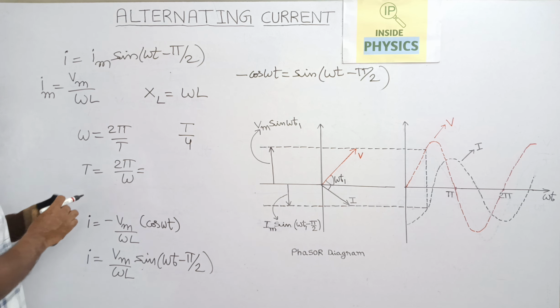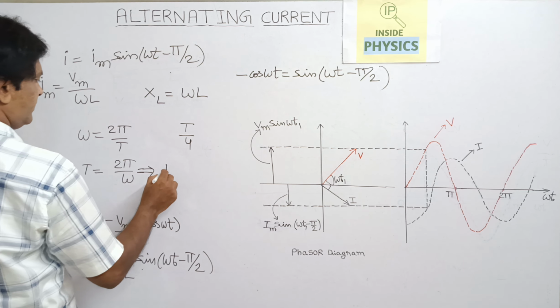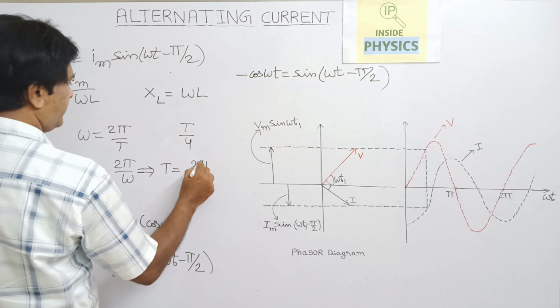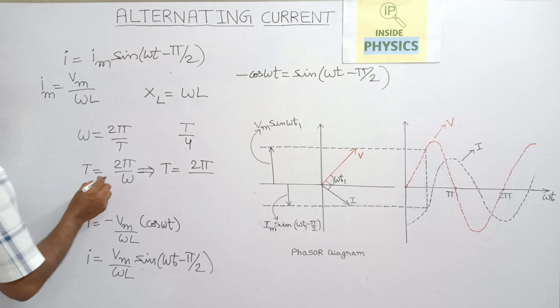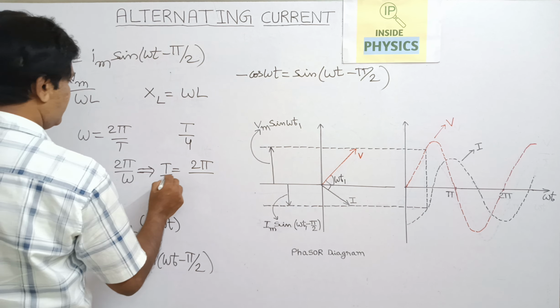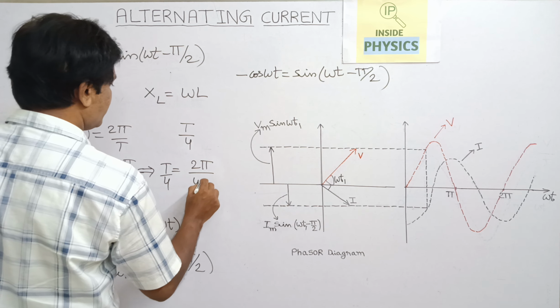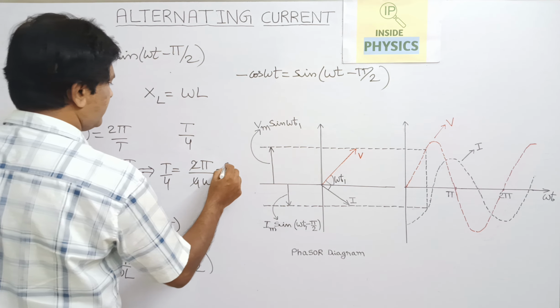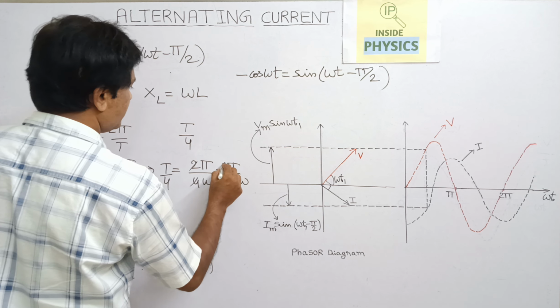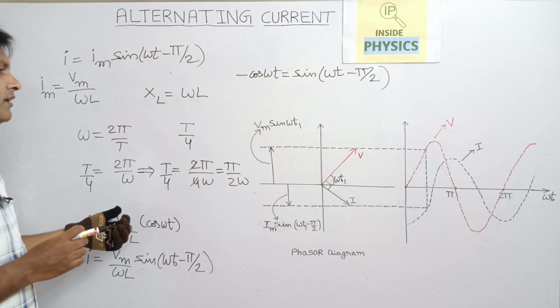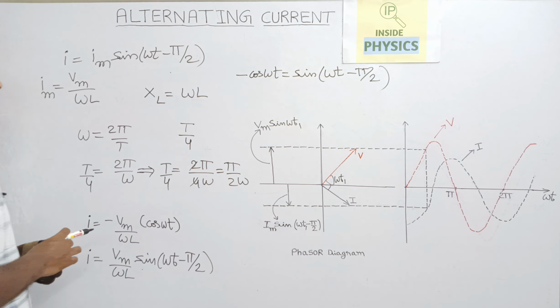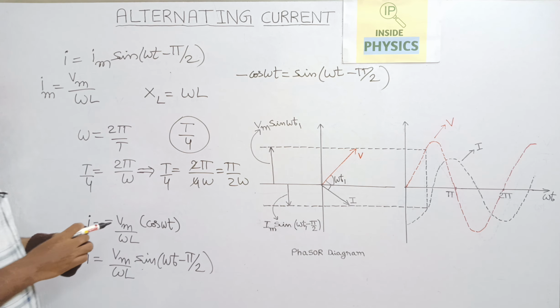If you put T/4 in place of T, this becomes 2 pi into T/4, with the angular frequency, this will be 4 omega, and the 2 will be cancelled, that is pi by 2 omega. So this is how the current is behind the voltage by a time of T/4, that means a quarter cycle.